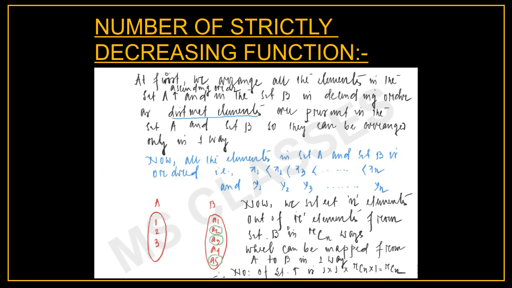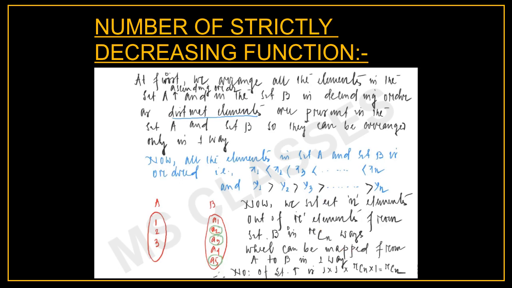As the elements are distinct, they can be arranged in only one order. So in set A, x1 less than x2 less than x3, and in set B, y1 greater than y2 greater than y3. Now, we select n elements out of r in rCn ways, and then they can be mapped only in one way.